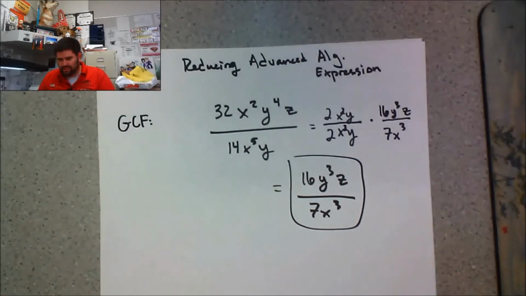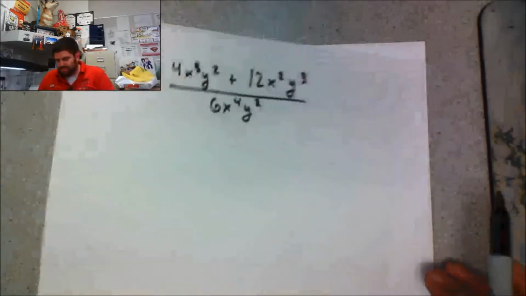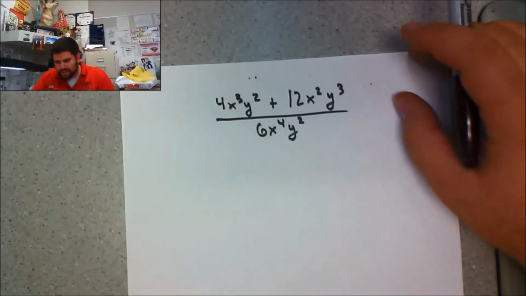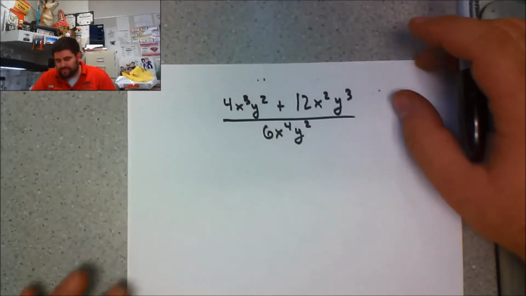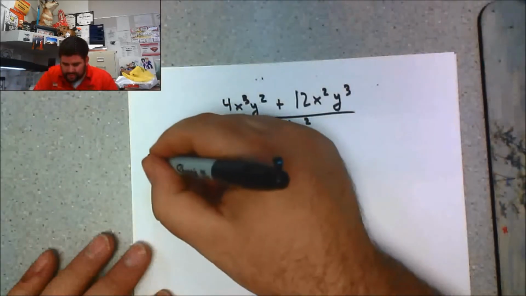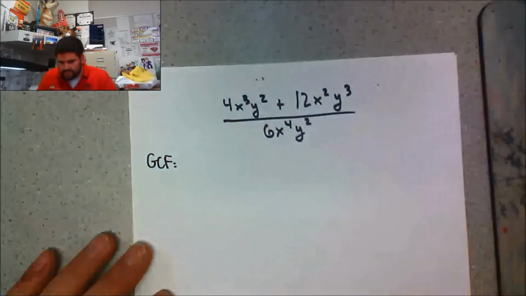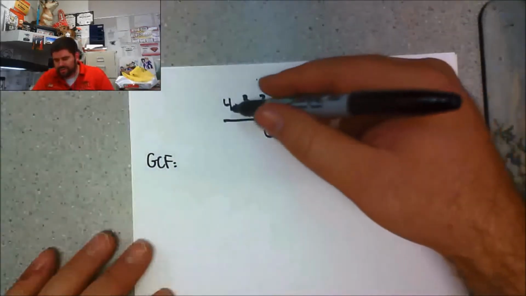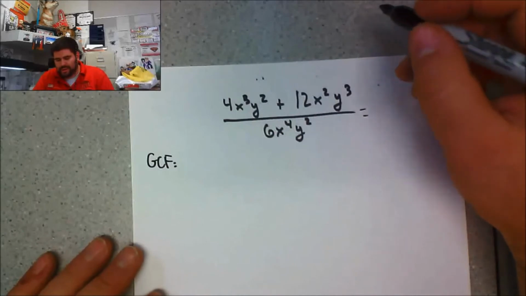So now we're going to go to the next example here. Blank page. We've got this guy. This may look ugly, but the key thing here is to find the GCF. I'm going to look for what all 3 of these numbers have in common.